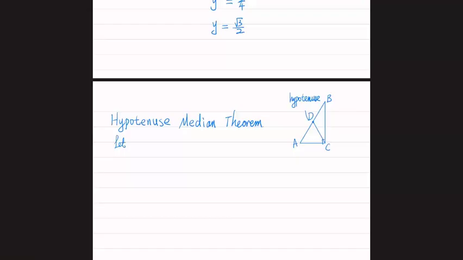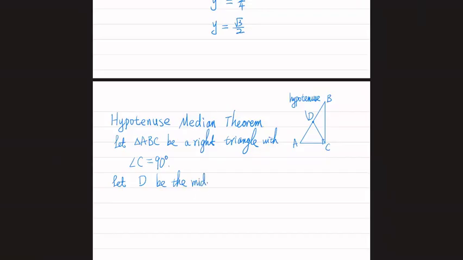Under these conditions, the conclusion is CD is half of AB.